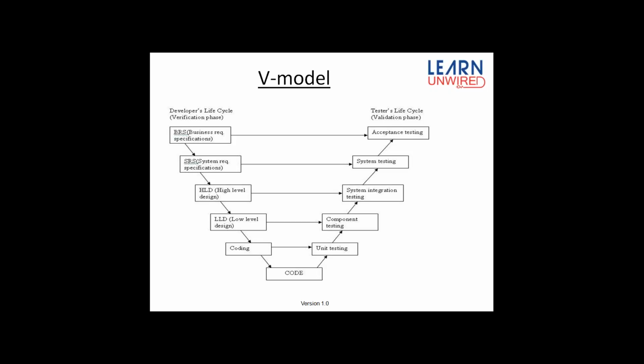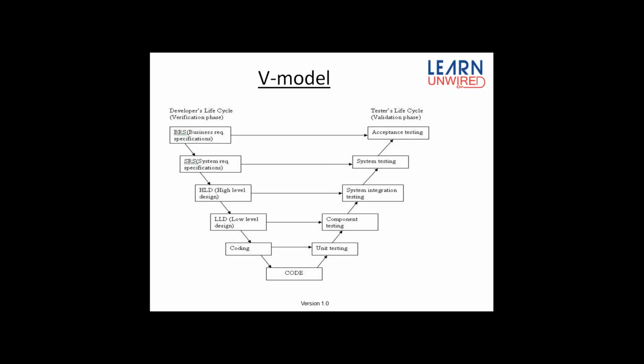As you must have heard, this is an important model in software testing or even in the software development field. It gains its name from the shape it has, the diagrammatical representation, which is like a V, the alphabet V. And there are different phases of the SDLC represented on the left arm and the right arm.